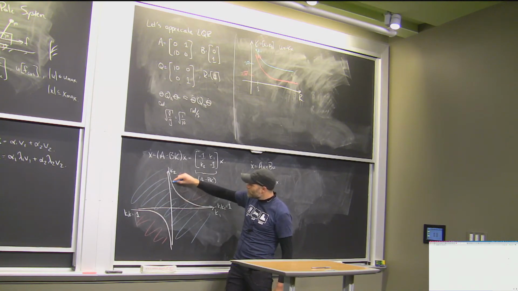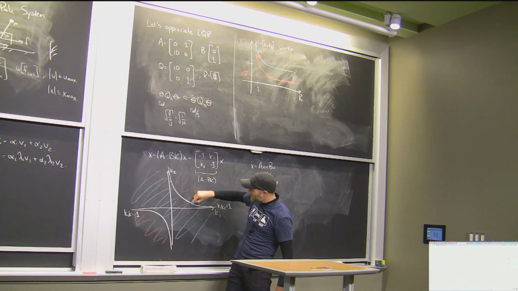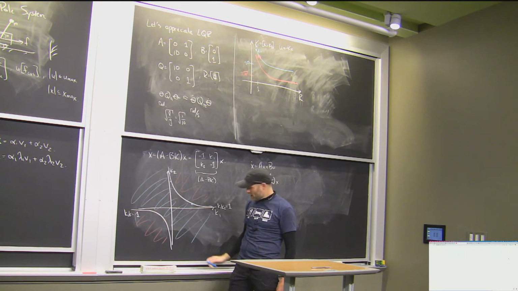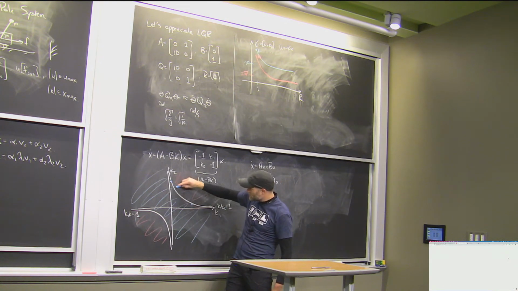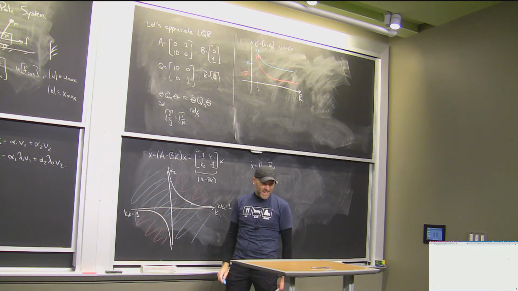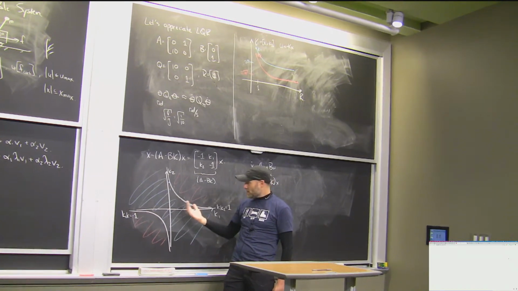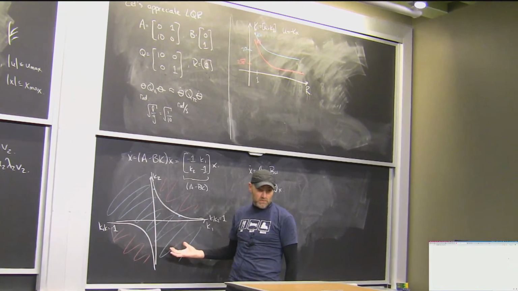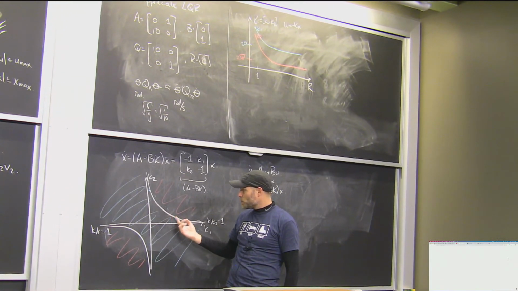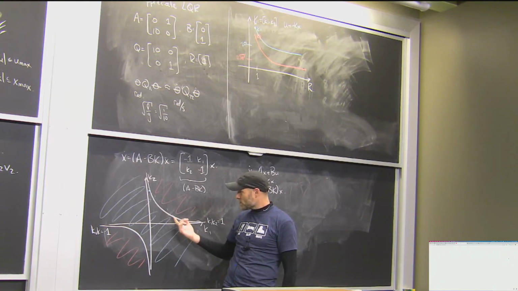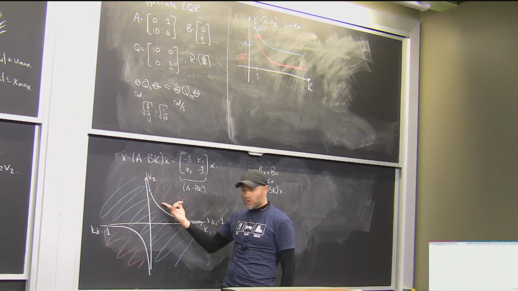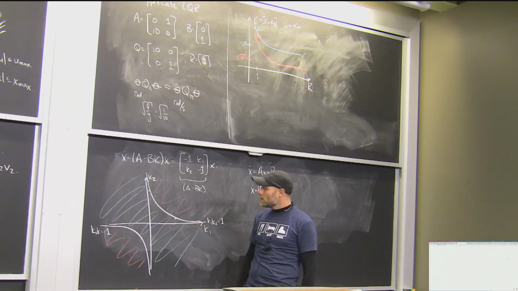But I could take 2 perfectly good stable Ks, draw a straight line between them, and end up with an unstable K. Searching over the class of Ks is not a convex problem. That's what that's saying, okay? And you could have 2 different controllers that you're perfectly happy with, and the controller that averages them is bad.